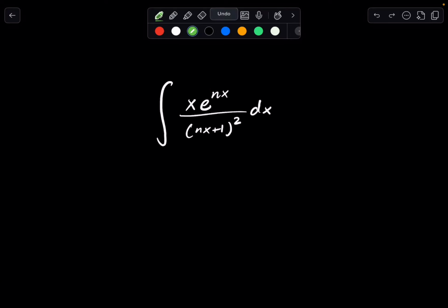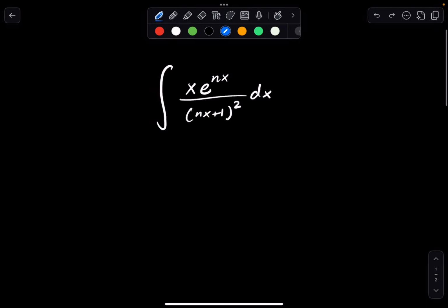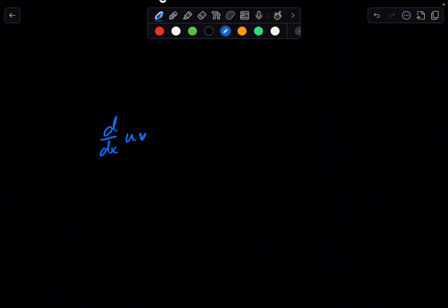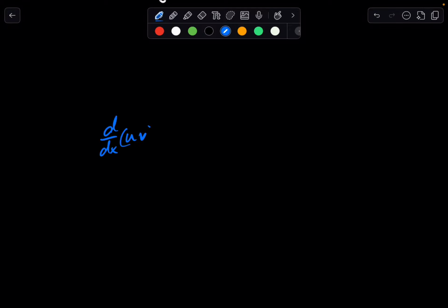Today, we're going to be using a technique called integration by parts. Essentially, it's just the closest thing we have to product rule, but for integration. So consider this. If we have uv and we take d/dx of it, where u and v are independent functions, they're just functions of x. If we differentiate this, our standard product rule tells us this is u prime v plus u v prime, just like that.